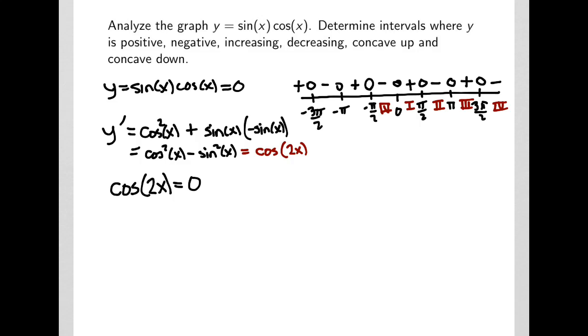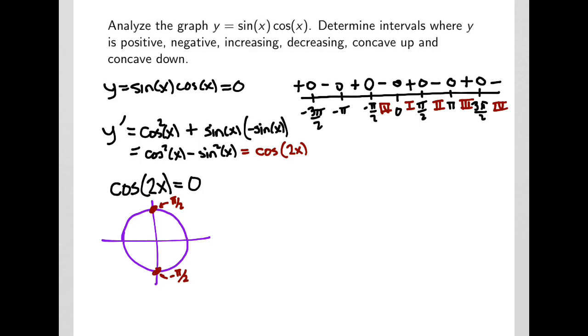And the cosine, we've emphasized this a few times already, is the x-coordinate on the unit circle. And so if I think about the cosine equals 0, it's at the top and the bottom. And so at the top here I'm at pi over 2, and at the bottom I'm at negative pi over 2.